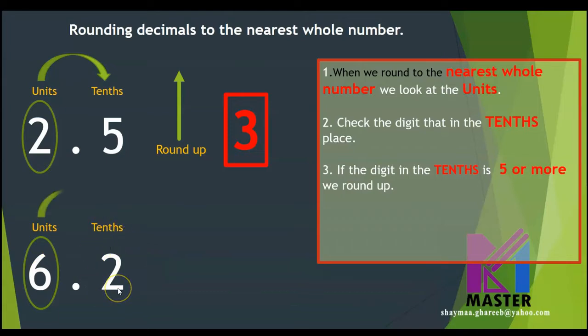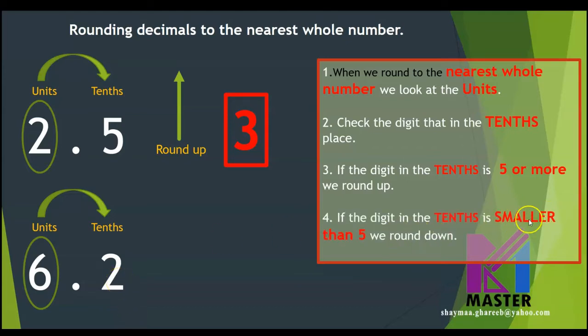Now this digit is 2. If the digit is smaller than 5, we round down. So when we round 6.2 down, it will give me 6.